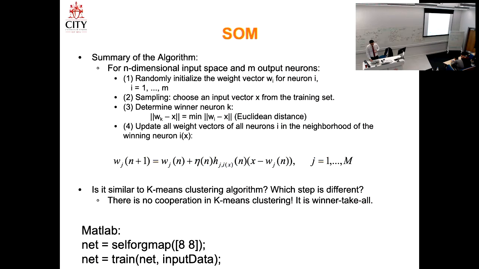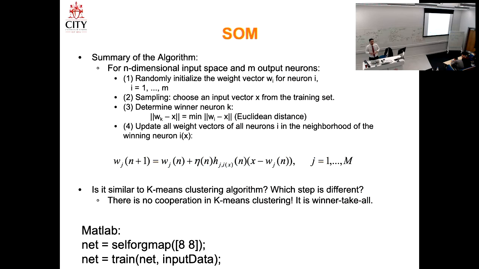So in MATLAB, you just say net is selforgmap, and you decide on the sizes, how many clusters you want. In this case, I want an 8 by 8 cluster, 64. So it generates an 8 by 8. There is an example in your lab notes tonight. You are going to import the data set from MATLAB and just play with it.